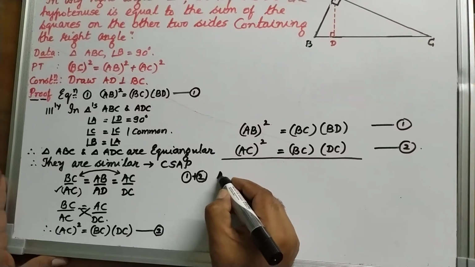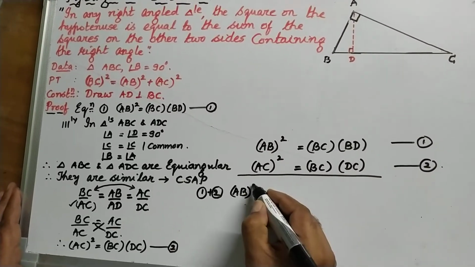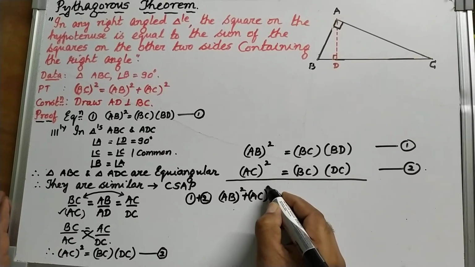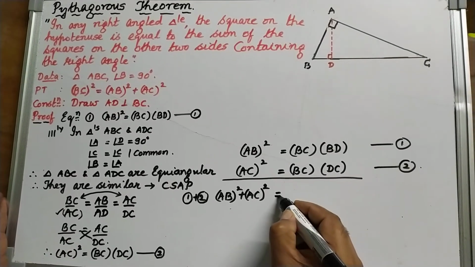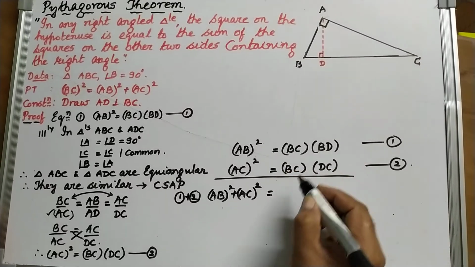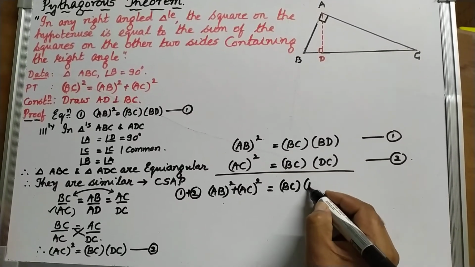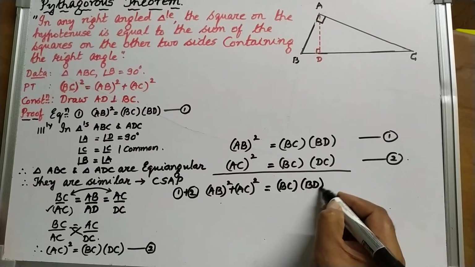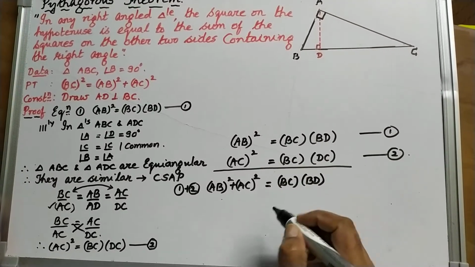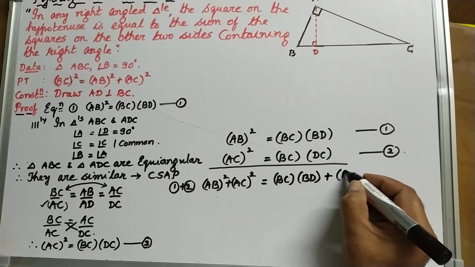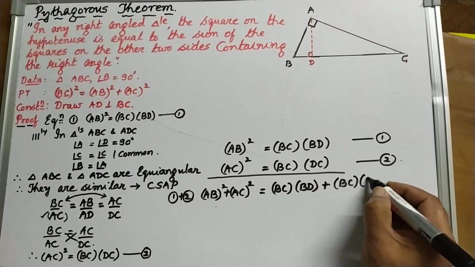So what will I get? AB square plus AC square, the left hand sides of the two equations, is equal to the right hand side BC into BD, the right hand side of the first equation, plus right hand side of the second equation BC into DC.